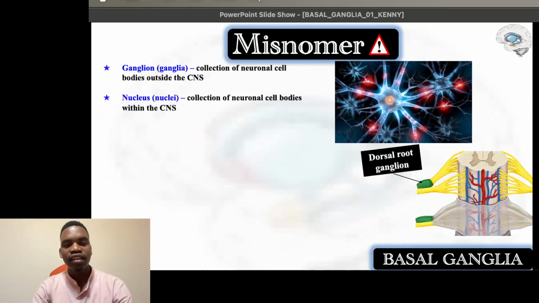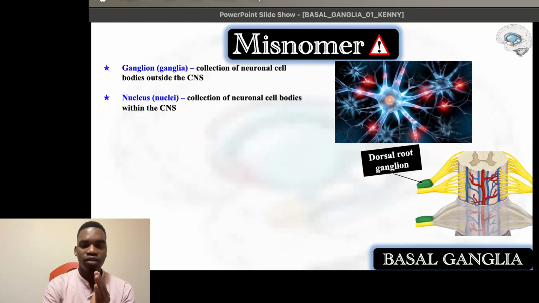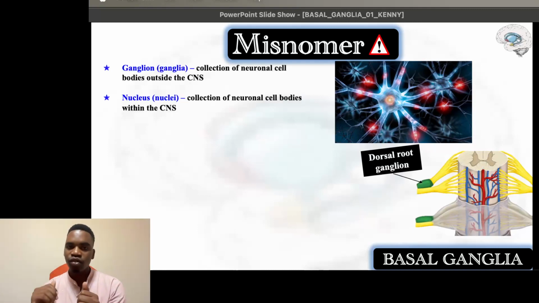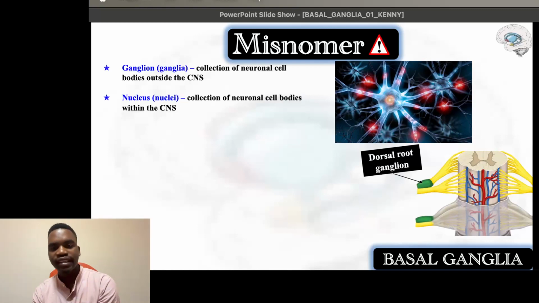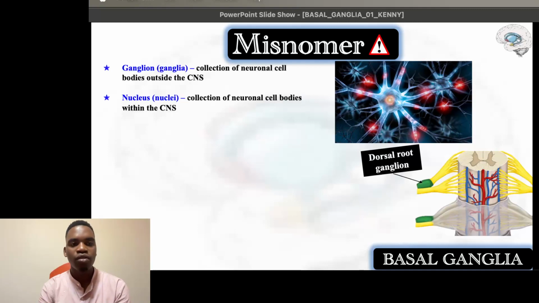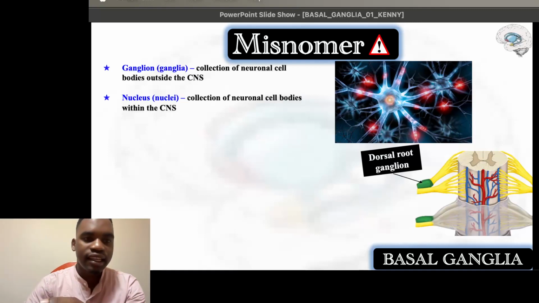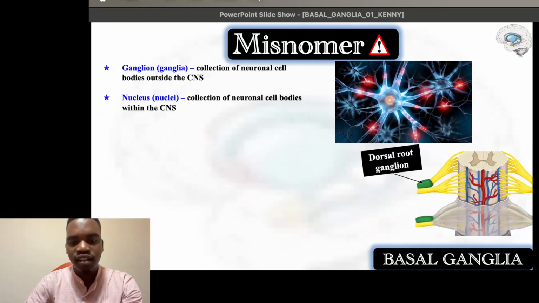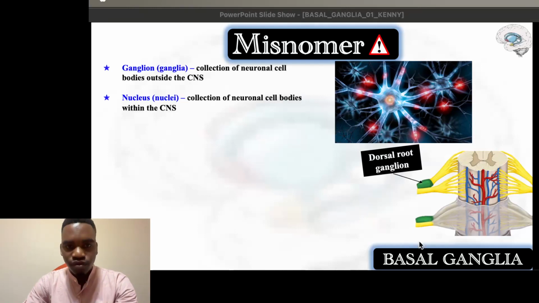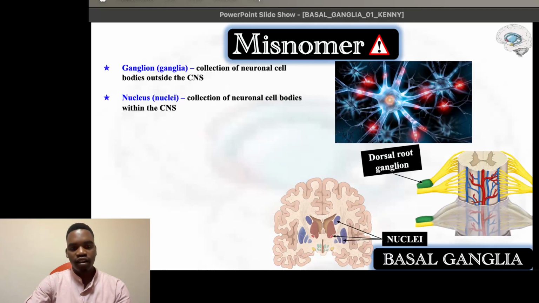And as I have said, a collection of neuronal cell bodies within the central nervous system, by that I mean within the brain or the spinal cord, we call a nucleus. So this is one of the famous nuclei within the brain.